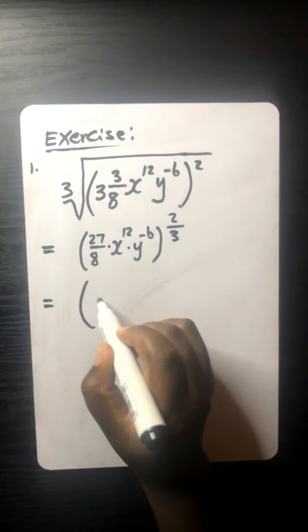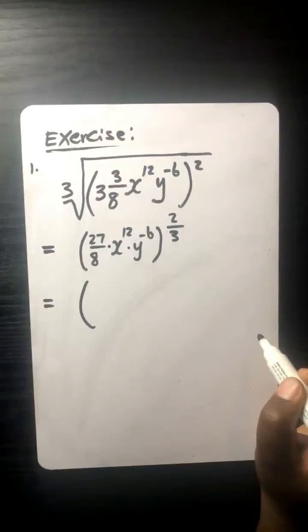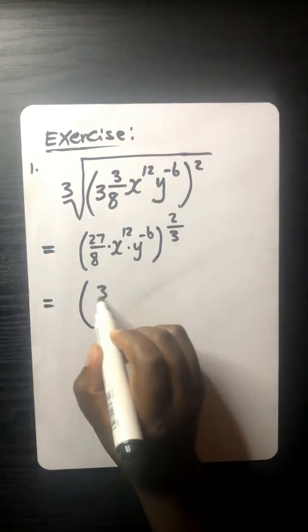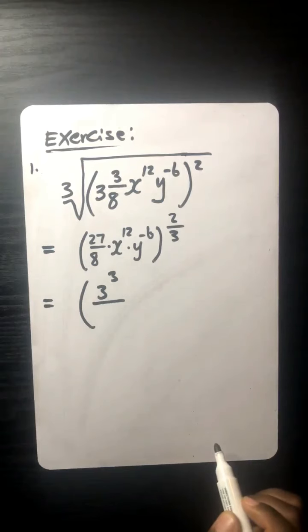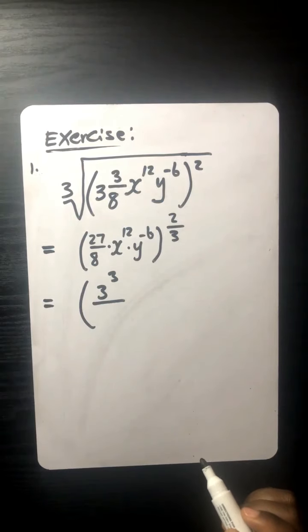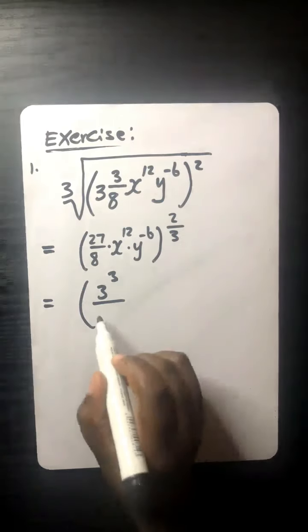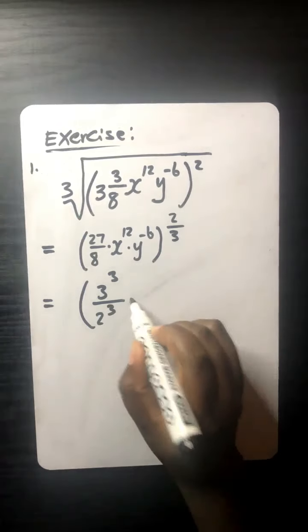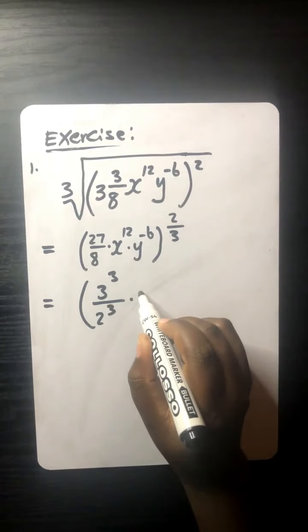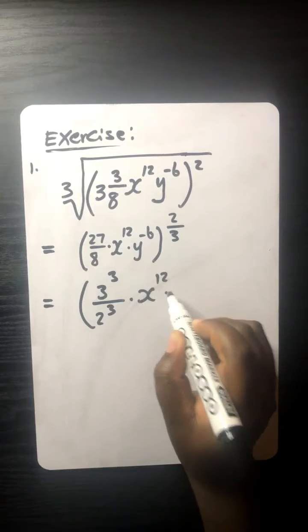So what is 27? 3 to the exponent 3, sir. 3 to the exponent 3. What is 8? 2 to the exponent 3. 100%. 2 to the exponent 3 multiplied by x to the exponent 12 multiplied by y to the exponent -6.